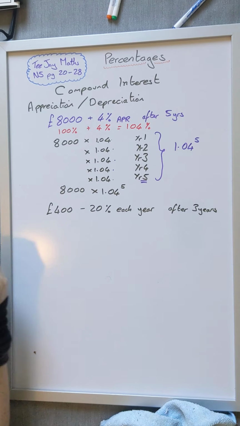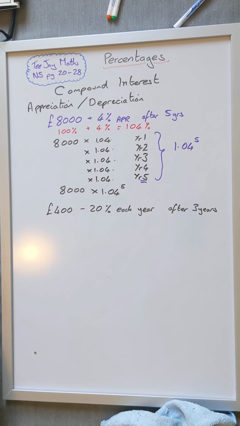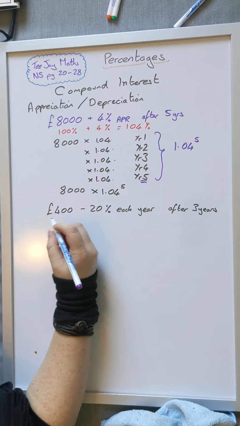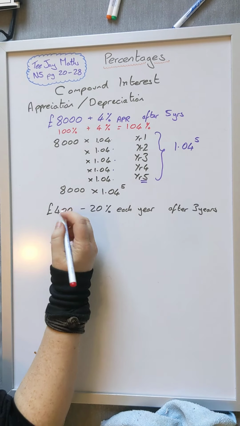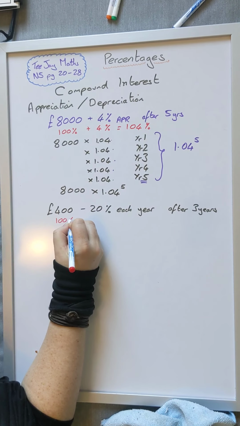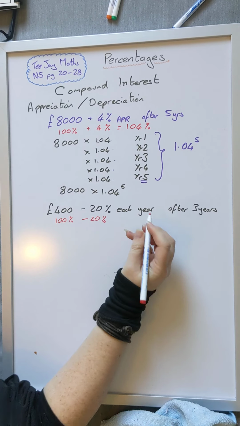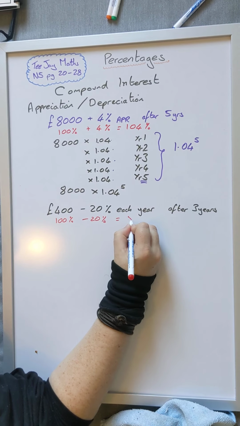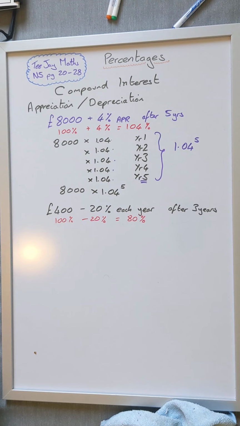This sort of calculation is the type of thing that your insurance company do when they try and work out the value of property within your home. So we're going to have, again, finding our 100%. So here's our 100. And we're going to take away 20%. And that gives us 80% that we're actually looking for.